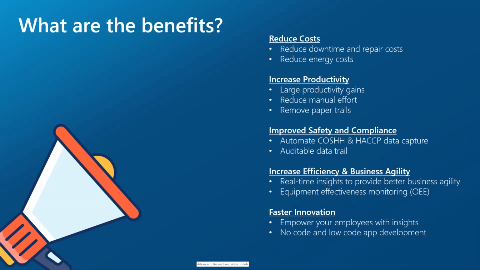With efficiency in the business and the agility of your business, there's a whole host of insights that can be gained to inform you how you can change your business processes to become more effective. And this can be seen by using something called OEE, overall equipment effectiveness.